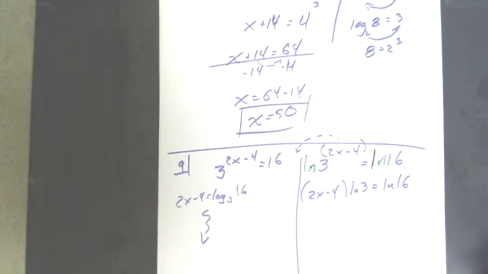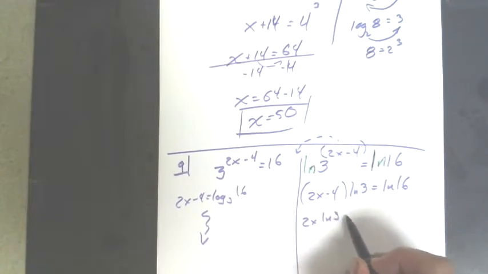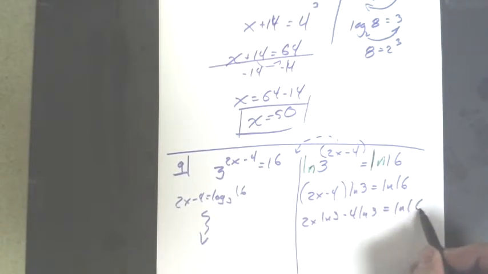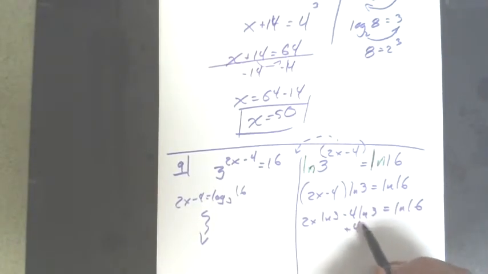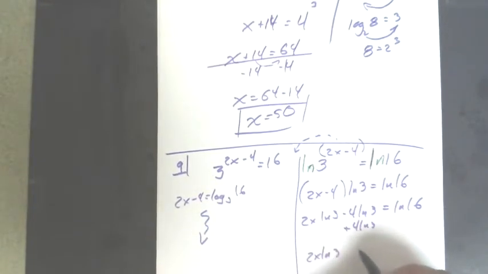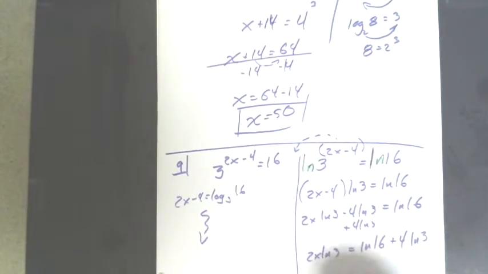Now you can solve this nicely for x. You can either divide the natural log of 3 off, or you can just distribute it. 2x natural log of 3 minus 4 natural log of 3 equals natural log of 16. Add the 4 natural log of 3, so you get 2x natural log of 3 equals natural log of 16 plus 4 natural log of 3.